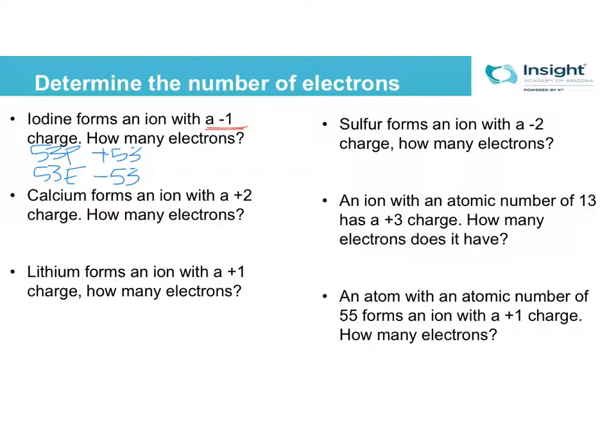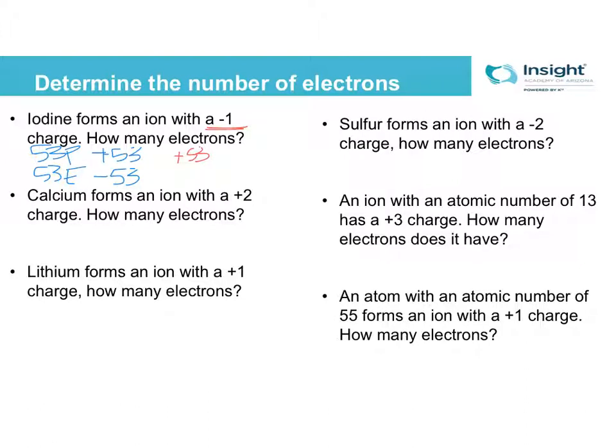All right, I'm still going to have the plus 53 protons. That's never going to change. But what am I going to add to positive 53 so that I get -1? All right, do I need another electron or do I need to remove an electron? If you're not sure, try both.